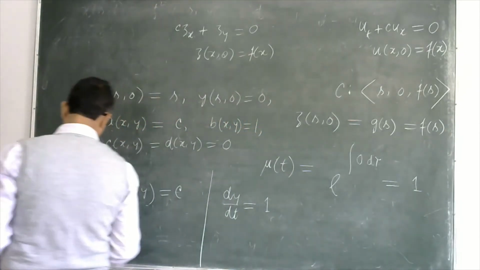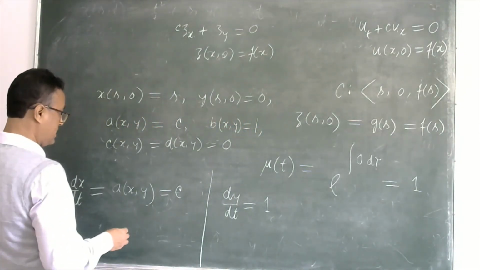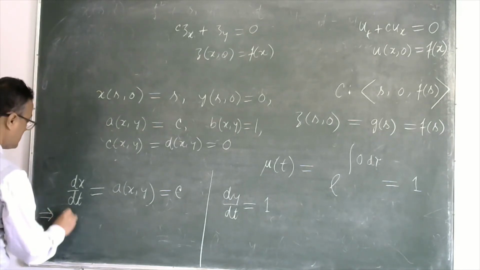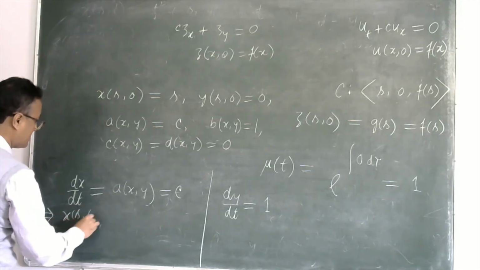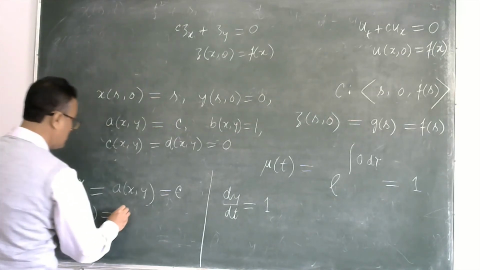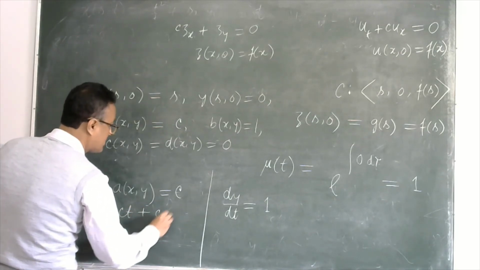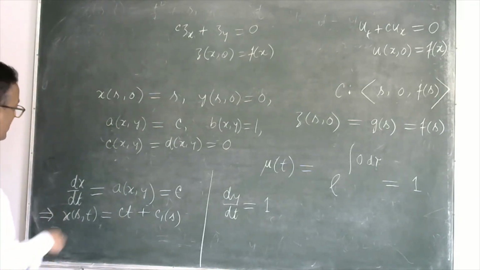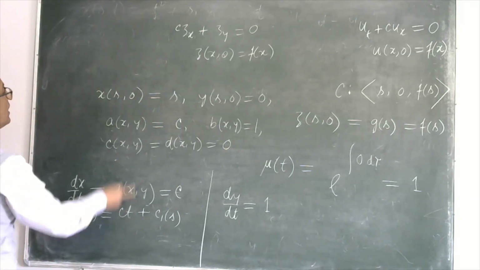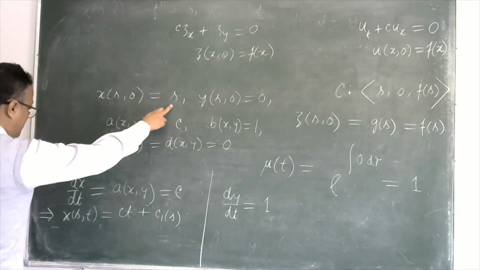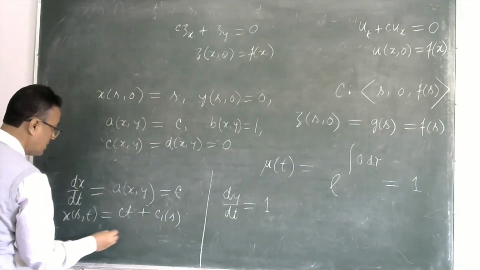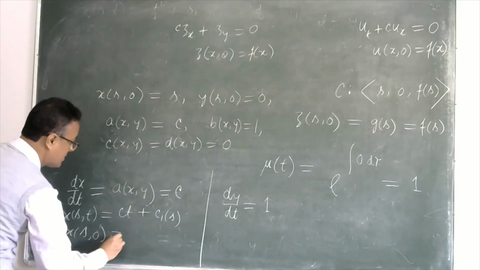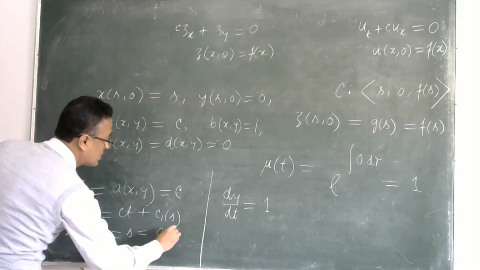From here I can write x of s,t equal to ct plus c1(s). Initially when t was 0, your x was given by s, so x(s,0) is equal to s, and this is equal to 0 plus c1(s).